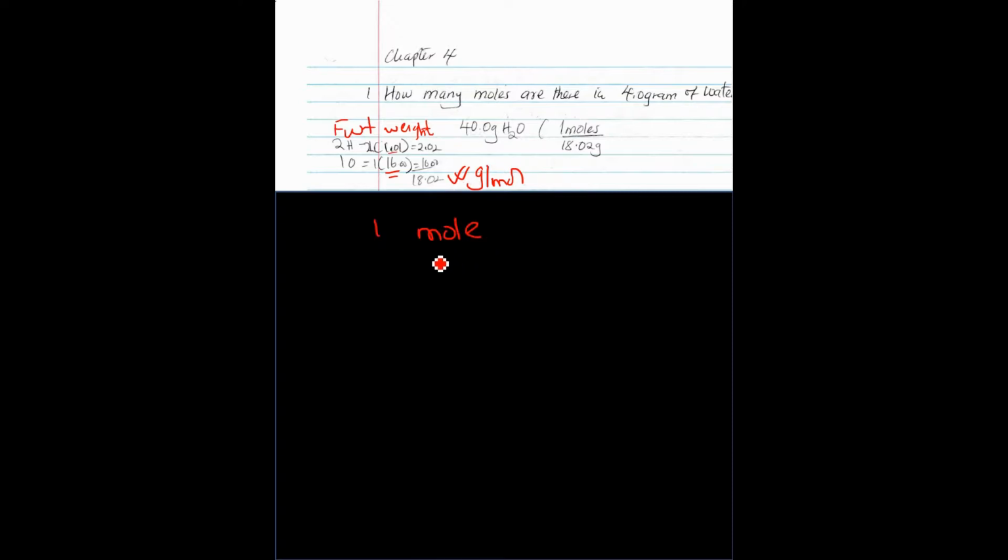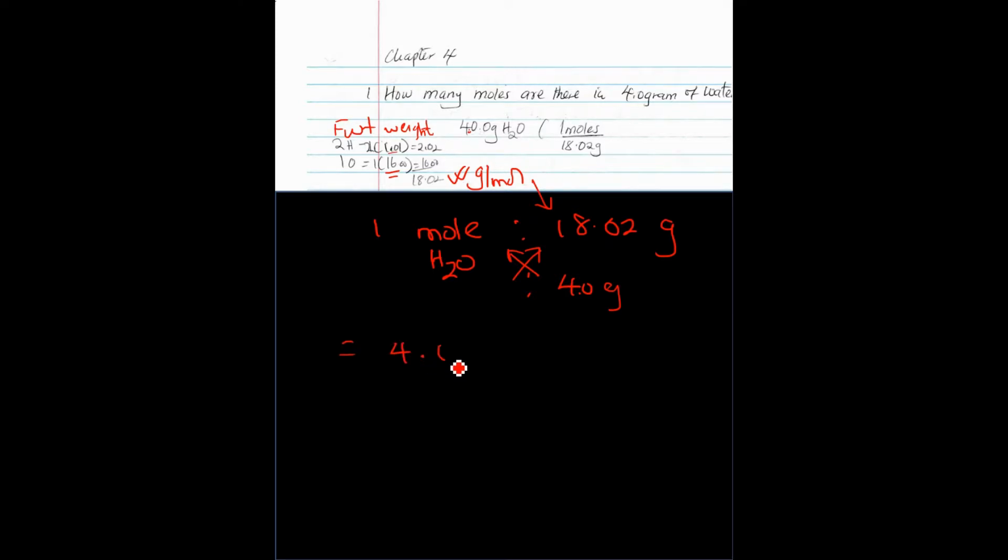So 1 mole of H2O has a mass of 18.02 grams. That's what gram per mole means. So if 1 mole has 18 grams, you're asking yourself, what about 4 grams? The question says 4 grams, not 40. So again, very simple, cross multiply.